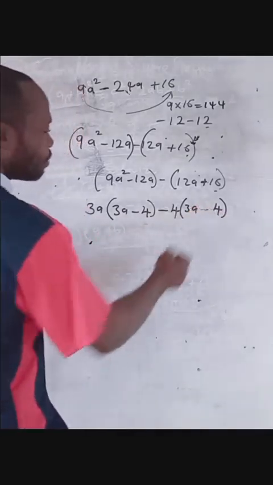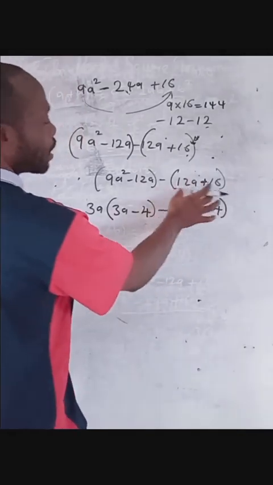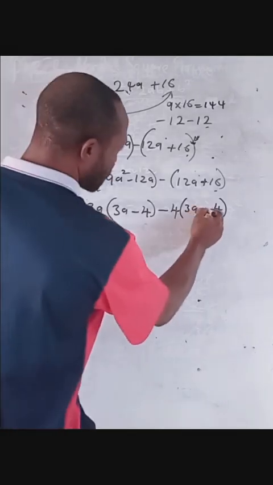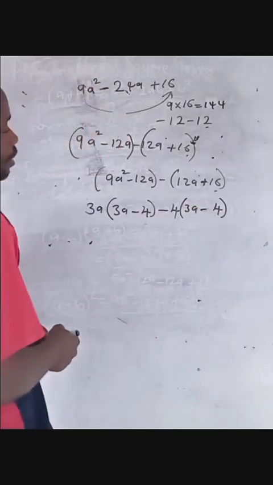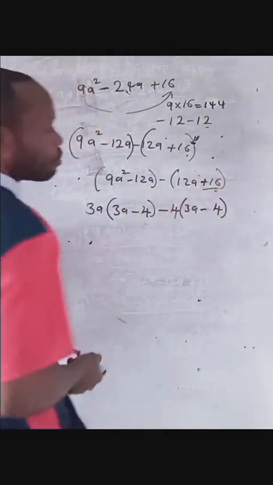Because what I just did, I factorized this expression. So I need to write it in such a way that if I expand it, I'm going to get back the original expression. So this sign here will change to negative because minus 4 multiplied by minus 4 will give me back positive 16.